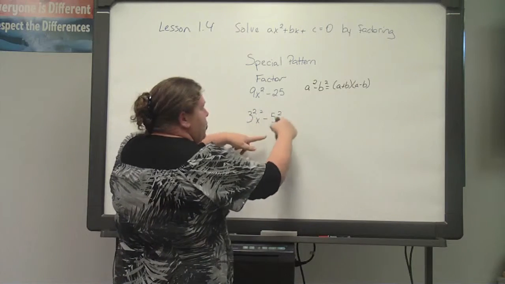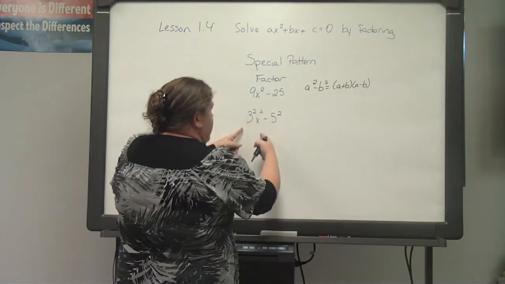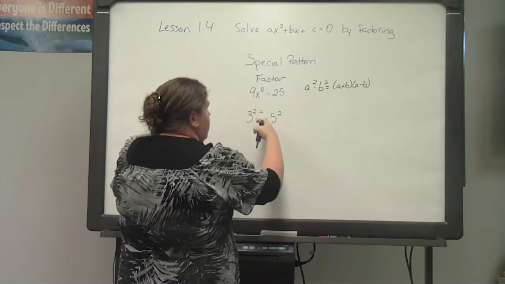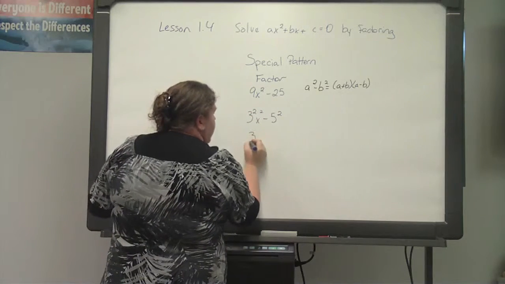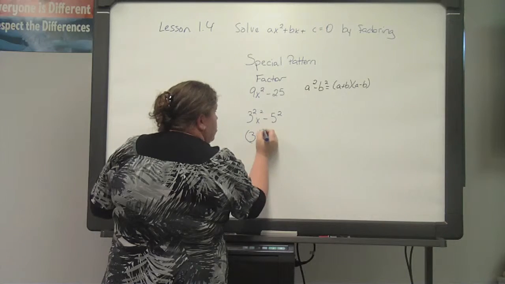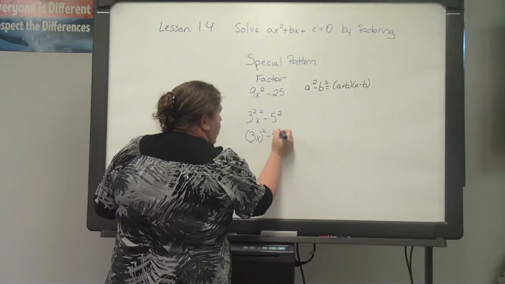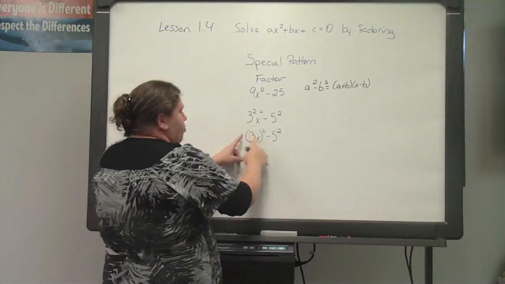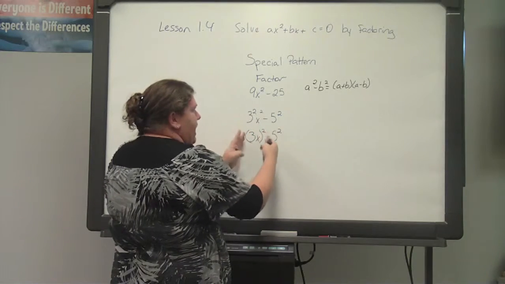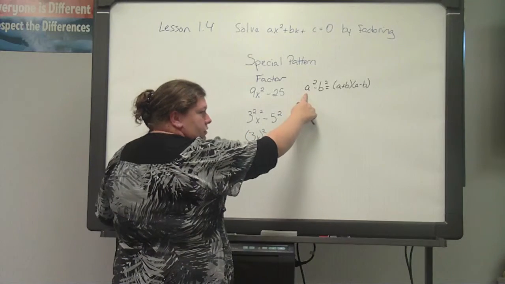Now everything is a squared, and so I can rewrite this 3 squared x squared as 3x squared minus 5 squared. So now my 3x, the whole 3x, is my a.